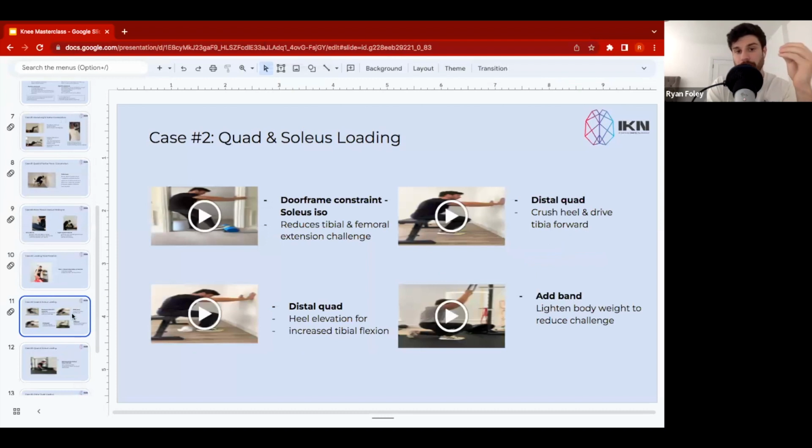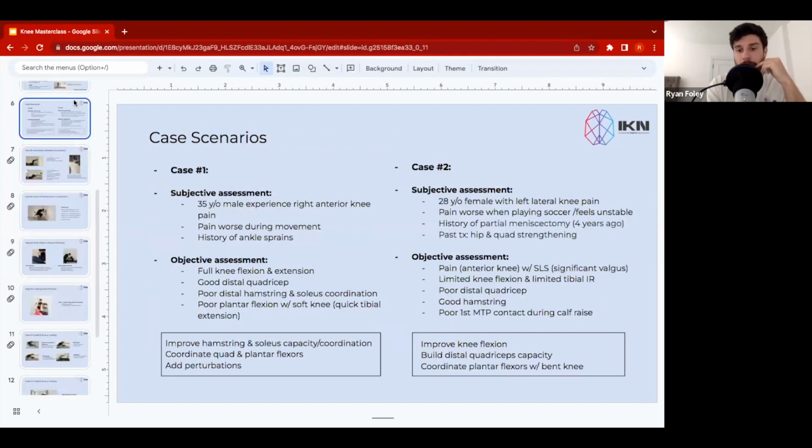Then we want to try and think about quadricep and soleus loading. Okay, so one of the key things when it comes to loading the quadricep and the soleus and trying to get deep into knee flexion is that the soleus will also have a very important feature in decelerating the flexion of the tibia.